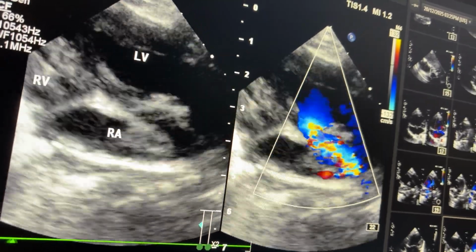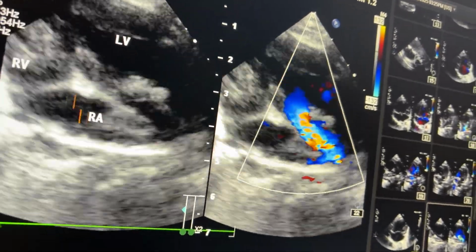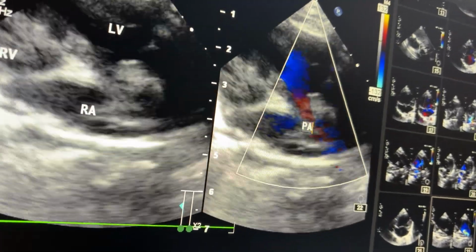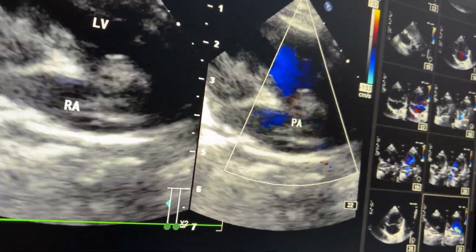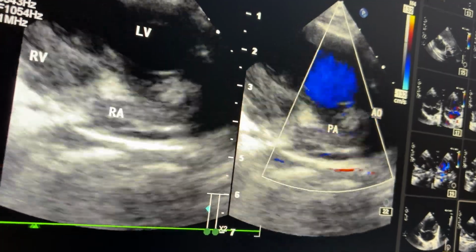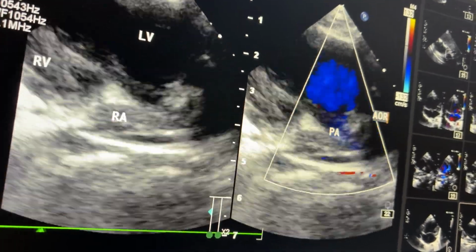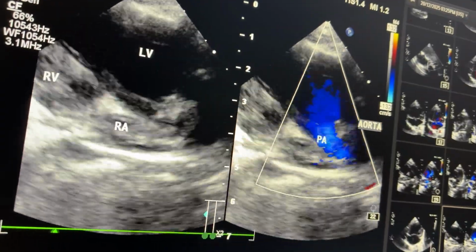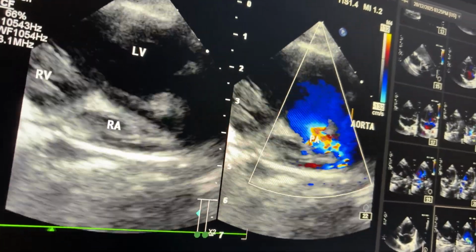Now you can see this is the pulmonary artery and this is the aorta. The aorta has no flow obstruction.